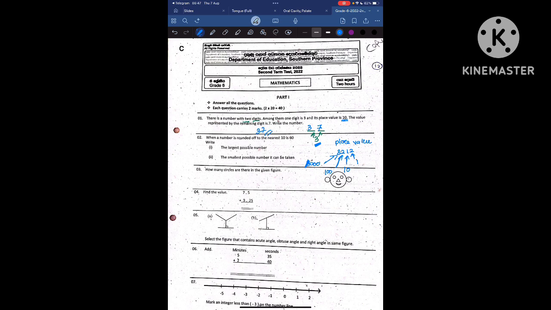When a number is rounded off to the nearest 10, what is now rounding off? Okay, rounding off means it's like this.